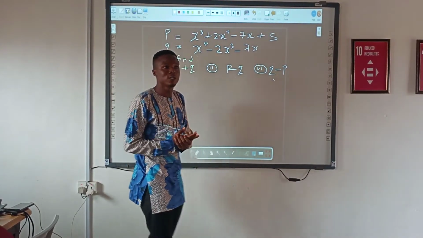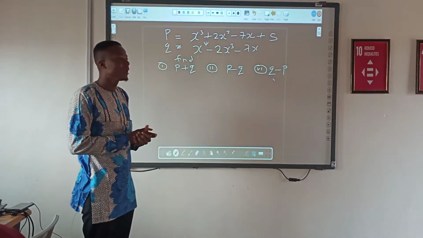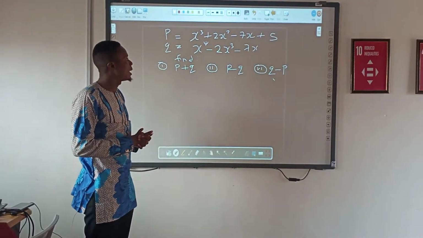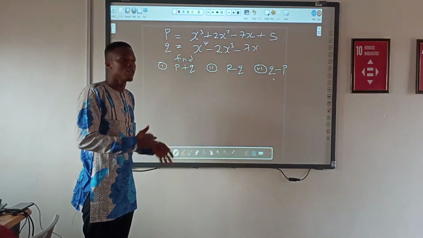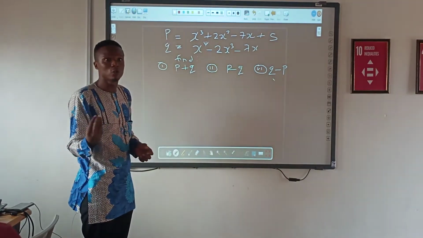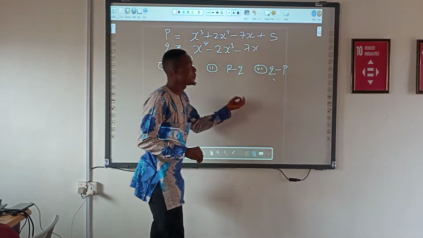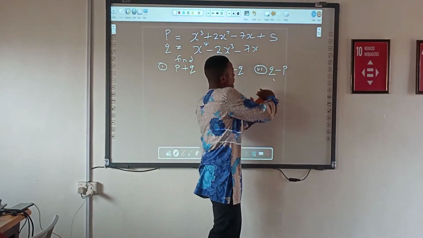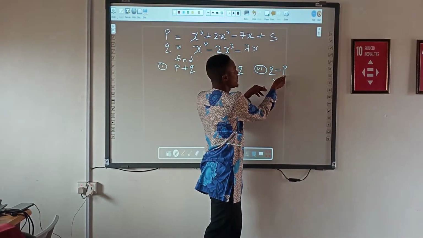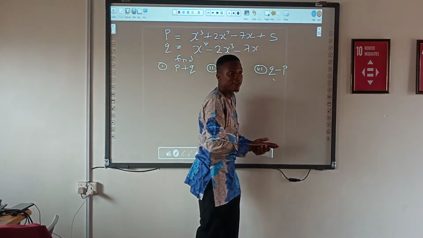You know what I mean by commutativity? An operation, and when I say operation, it can be addition, subtraction, division. All these things you perform in maths are mathematical operations. An operation is said to be commutative if I swap, if I make the first to be the second, it won't affect the value.